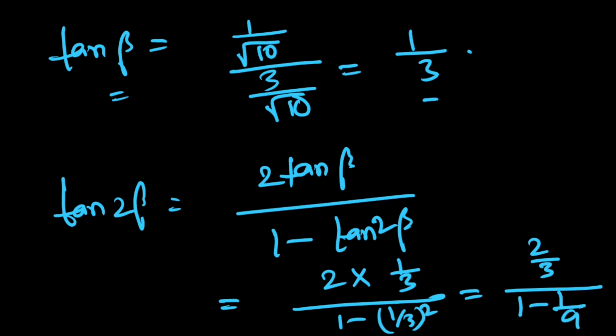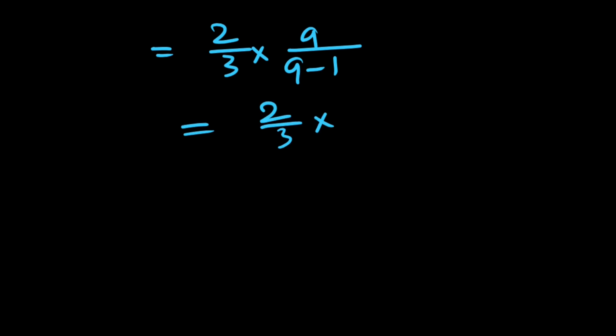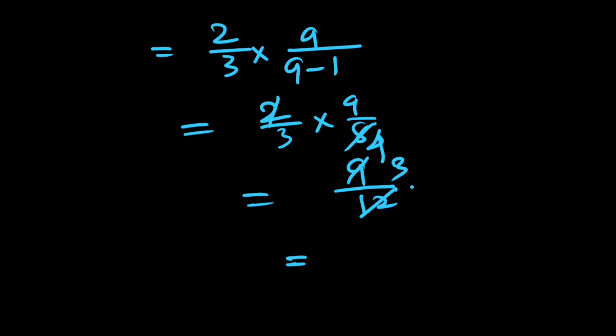Now we calculate and simplify. 2 by 3 multiplied by 9 over (9 minus 1), that is 2 by 3 times 9 by 8. So that is cancelled, that is 18 over 24. Now it simplifies by 6, that is 3 over 4.